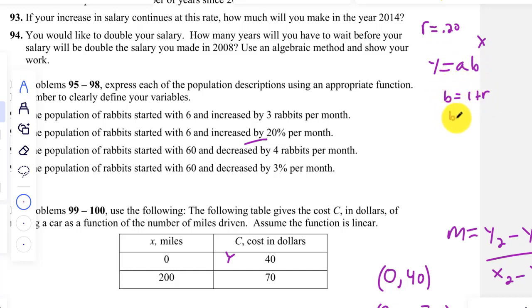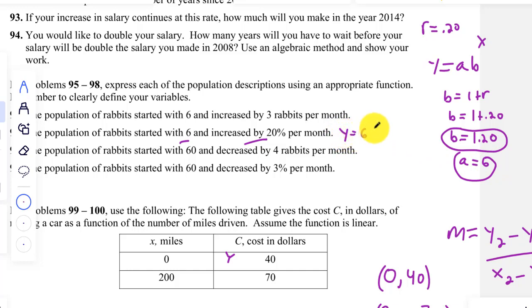So my b would be 1 plus 0.20, or b equals 1.20. So we know b. A is the initial value. So the initial number of rabbits is 6. So we can now write y equals 6 times 1.20 raised to the x. That's my answer for number 96.